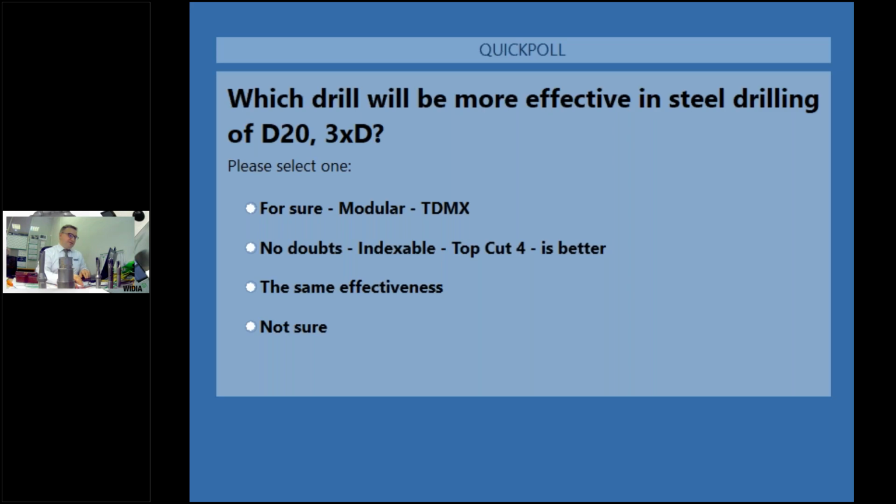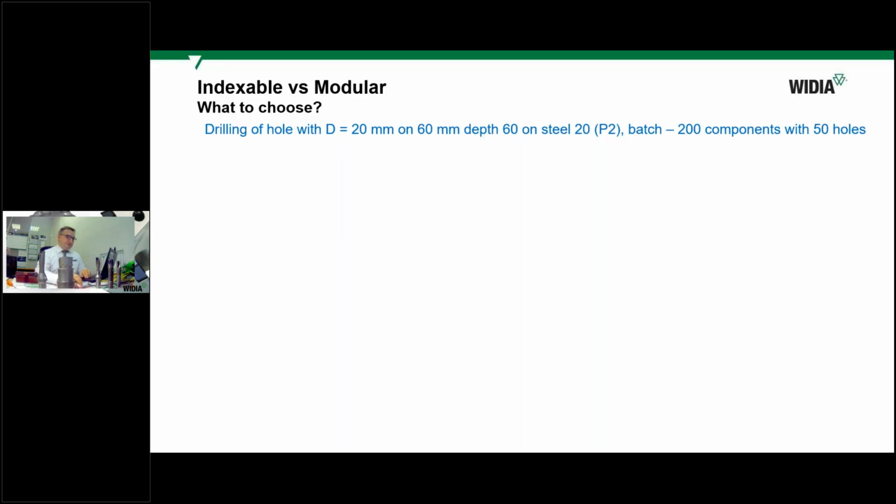The same effectiveness, I'm not sure. Okay, now I see that there are more fans of modular drills. So the previous webinars by our colleagues, which video was shown, were very popular, as I see. Okay, let's close the poll and show the result.